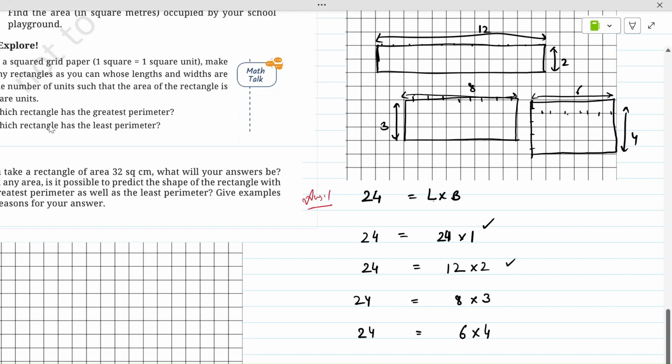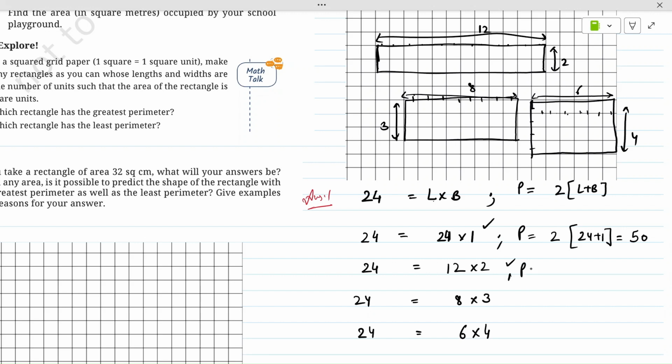Now, which rectangle has the greatest perimeter? So let us find the perimeter here. What is the formula for perimeter of a rectangle? P, representing the perimeter, is 2 into (L plus B). So let us find it for each one. This is 2 into (24 plus 1), that is 25, multiplied by 2, 50.